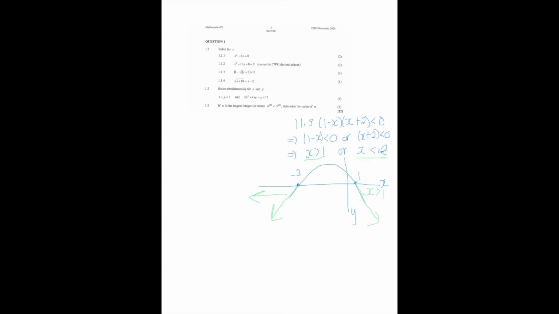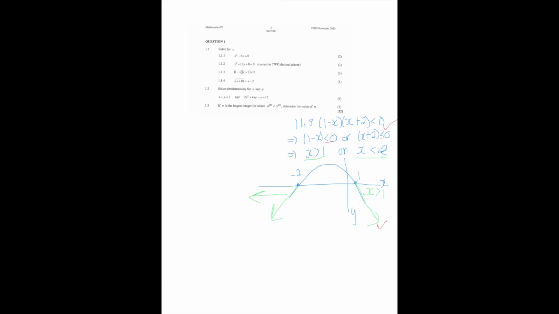Okay, so in terms of where you will get your marks, you'll get your marks either if you drew your graph, so the method that you use, either by solving, bearing in mind that it's an inequality, or by using the graph, you'll get your first mark.